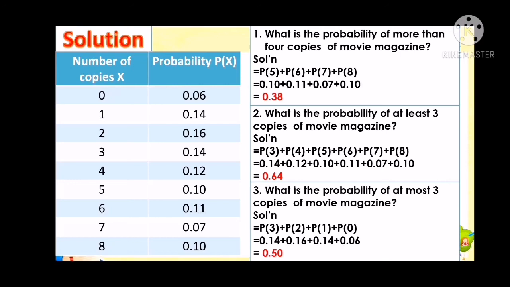So, rewrite P of 3 plus P of 2 plus P of 1 plus P of 0. And then, substitute its corresponding probability. Here are the following. 0.14 plus 0.16 plus 0.14 plus 0.16. You will get a total of 0.50. Okay, so ganun lang kasimple.